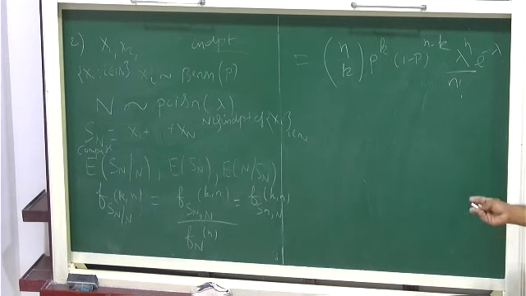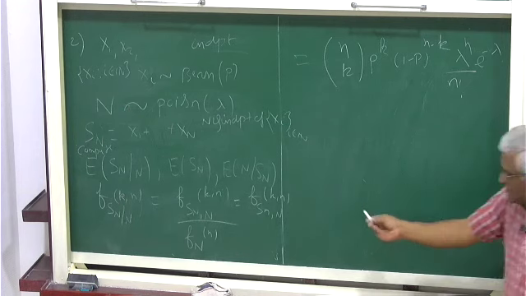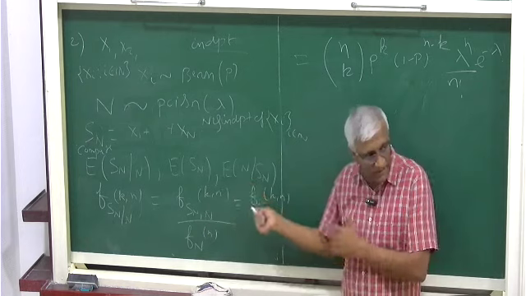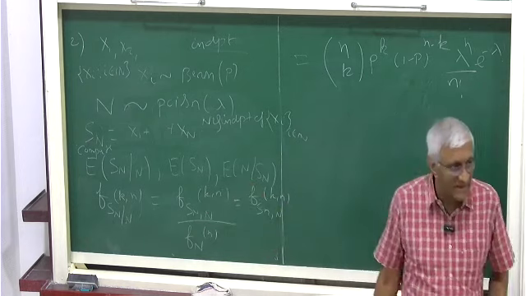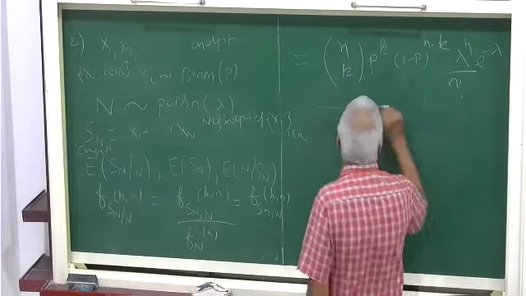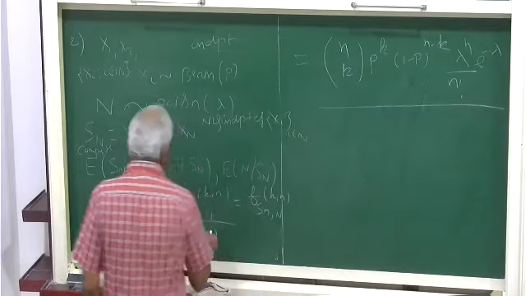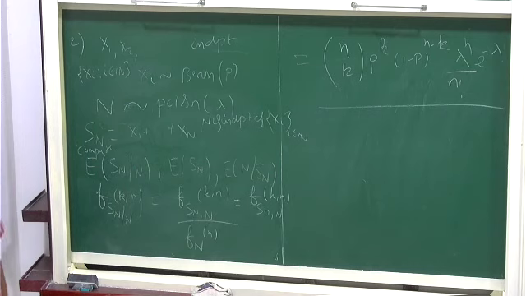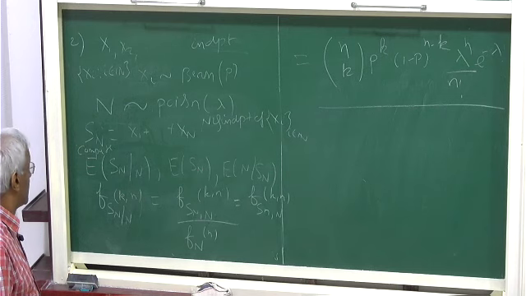If you want, you write it as the probability of that equal to this, then it will be more clear. So now I want to divide it by f of n at n, n equal to n.